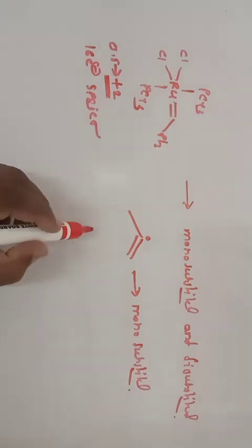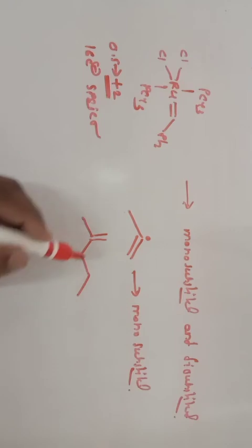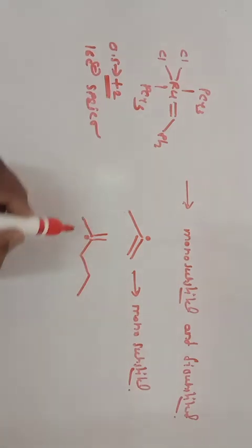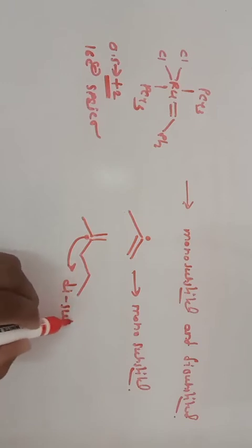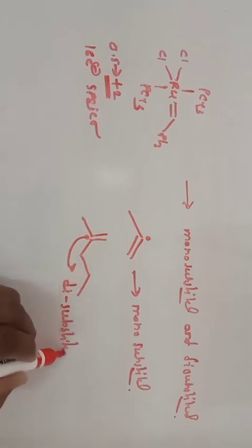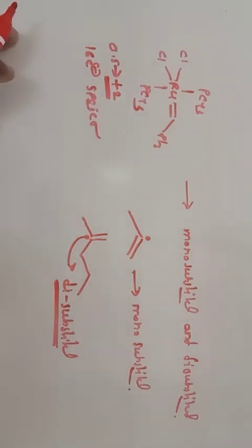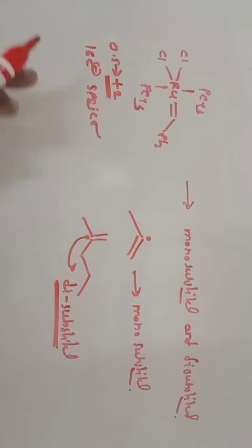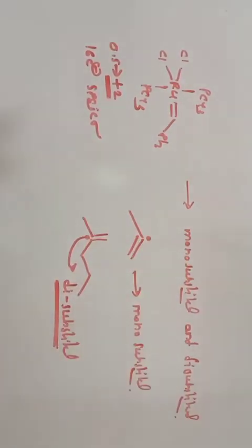And another example, this is your disubstituted. So whenever we consider a ring closing metathesis using Grubbs first generation catalyst, it is used for monosubstituted and disubstituted alkenes.